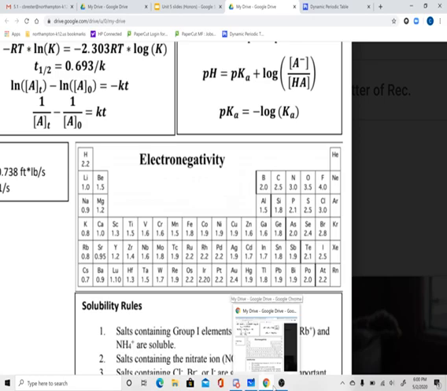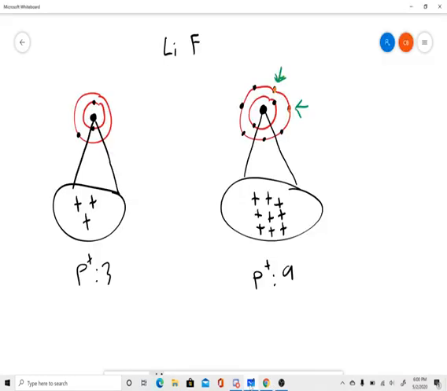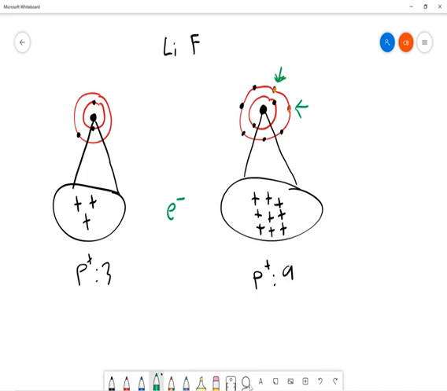So if there was a fight in ownership of an electron between these two elements, it's always going to go to fluorine, because fluorine has higher electronegativity because it has more protons, more attraction to that electron.